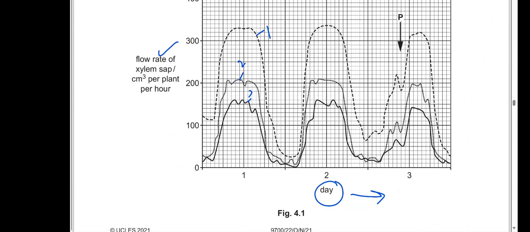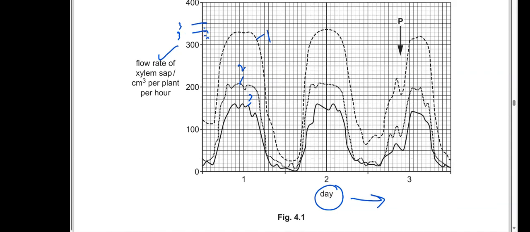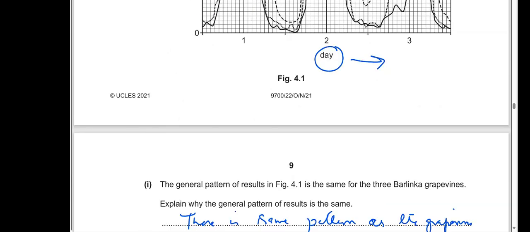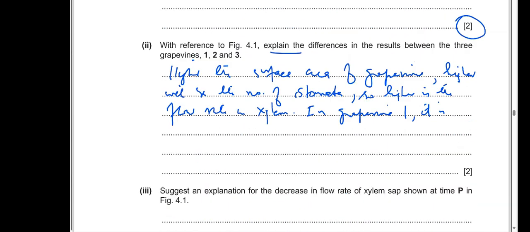It is between, this is 350. So 10, 20, 30, 40, 50. So this is 330 cubic centimeters, whereas for grapevine 2 it is 210, and for grapevine 3 it is 160 cubic centimeters. So we can quote this data to get the full marks for this question.